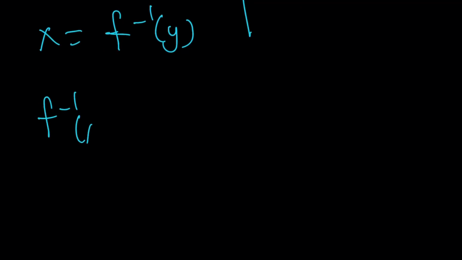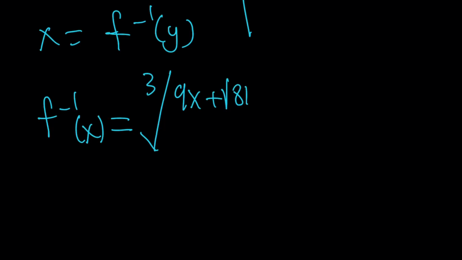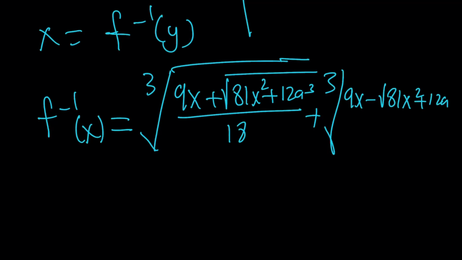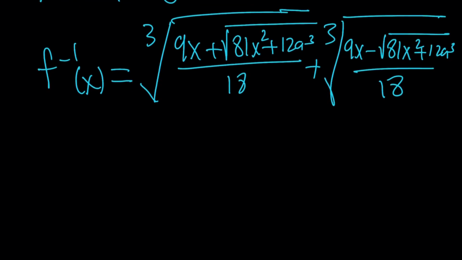So to keep a long story short, sorry I kept it too long, but f inverse is going to be the cube root of 9x plus the square root of 81x squared plus 12a cubed divided by 18 plus the cube root of 9x minus the square root of 81x squared plus 12a cubed divided by 18. There you go. That is going to be f inverse of x.